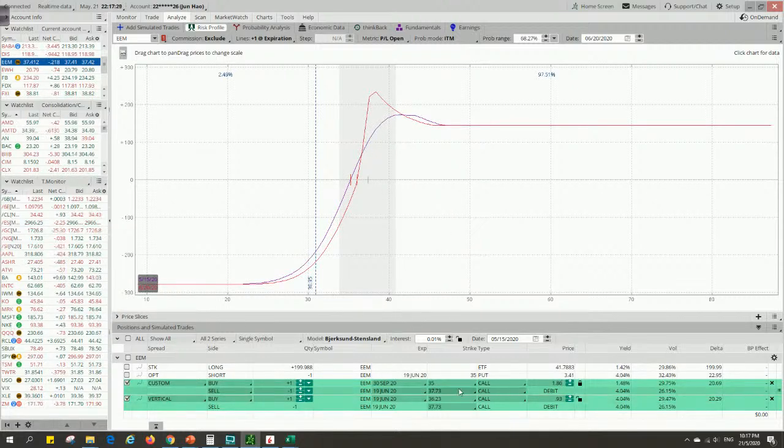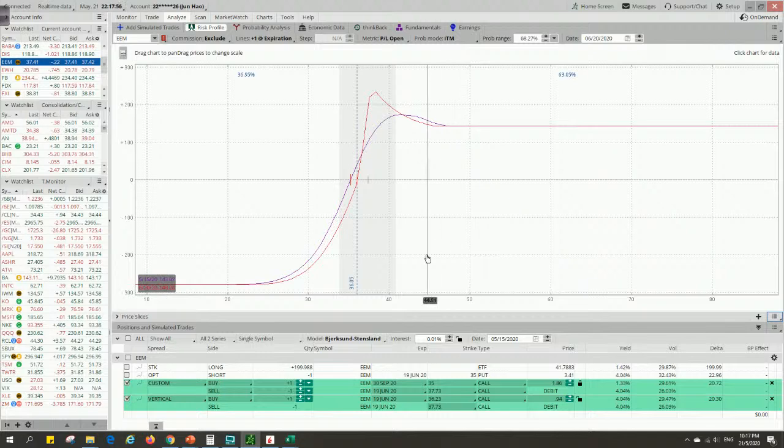So this is my risk profile if I were to take on this action right now to cover my short dated option contract that was sold with a strike of $36.23, and then sell to open another new short dated option contract expiring 19 June at a strike price of $37.73.